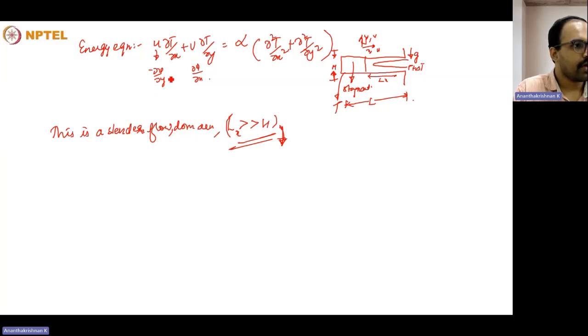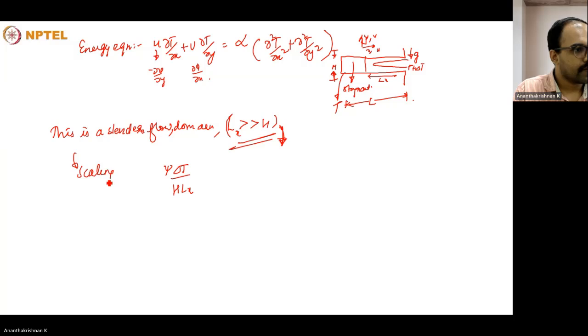So in that case, the first and second term will be scaled similarly. The scaling will become psi into delta T divided by delta x into delta y, that could be scaled as h into Lx.